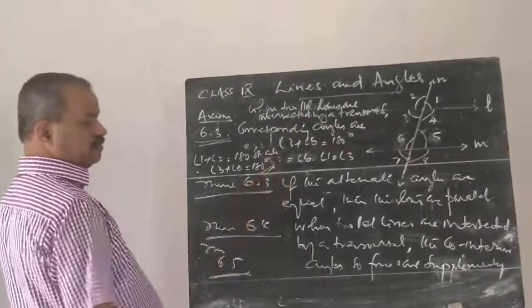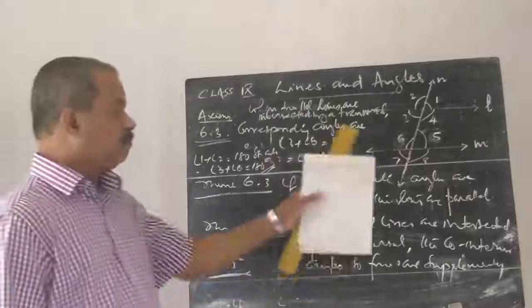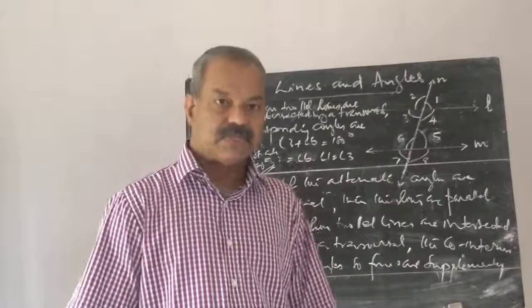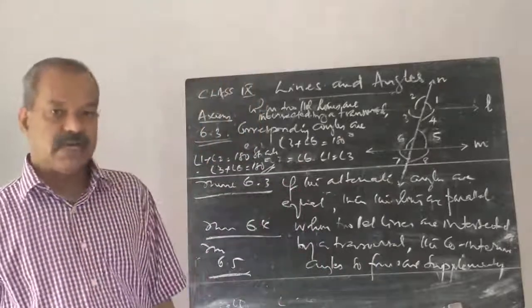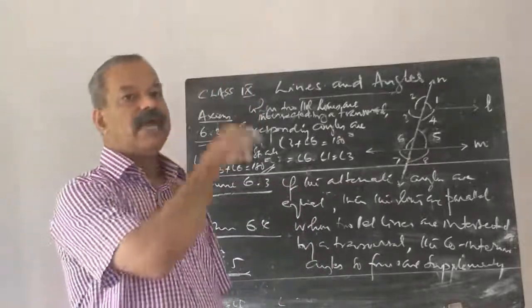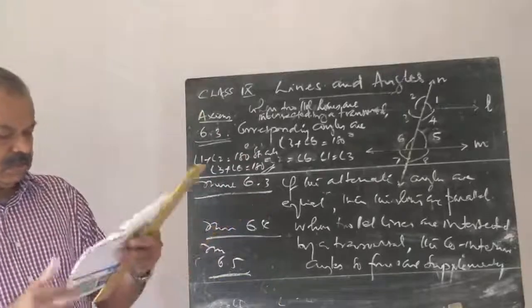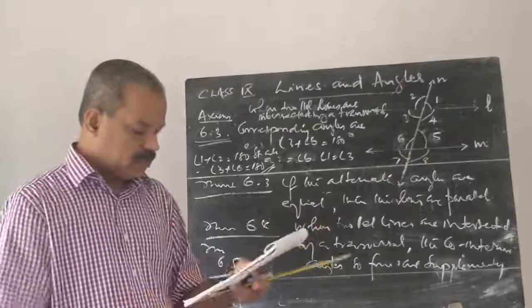It is the converse of this. When two lines are intersected by a transversal, if the co-interior angles are supplementary, then the lines are parallel. This is the converse of Theorem 6.4.